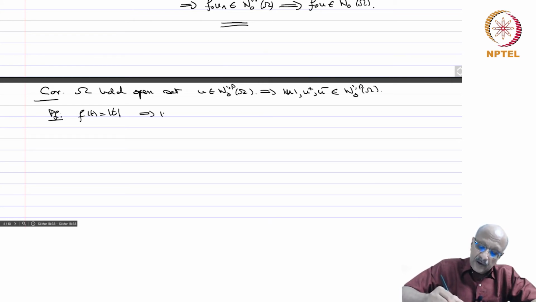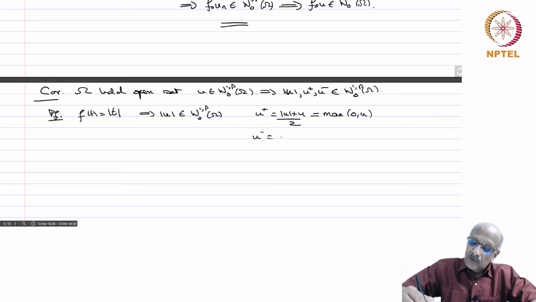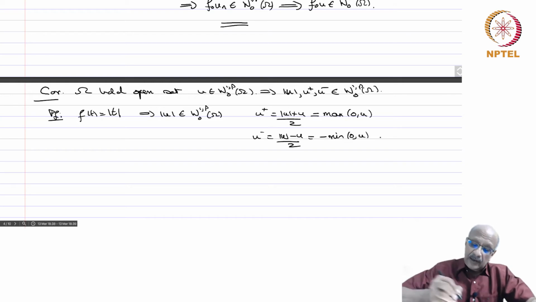So this implies that |u| belongs to W^{1,p}_0(Ω), and u^+ is nothing but (|u| + u)/2, which is equal to max of 0 and u, and then u^- equals (|u| - u)/2, which is minus min of 0 and u, and consequently this implies that u^+ and u^- are also in W^{1,p}_0(Ω).